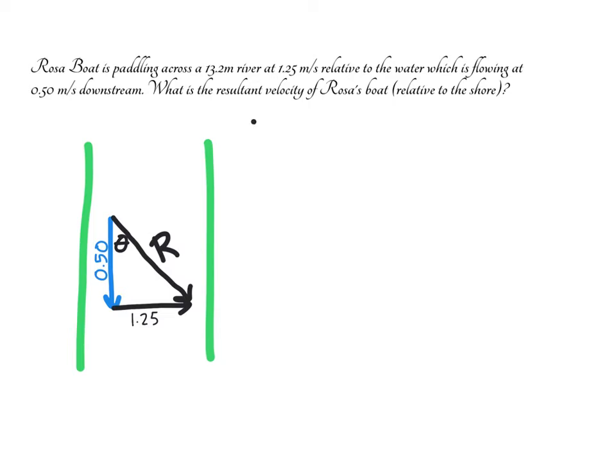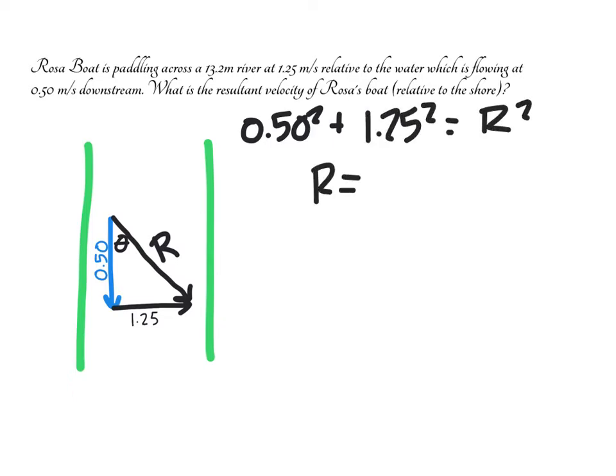So we end up with 0.5 squared plus 1.25 squared, and that'll equal our R squared. When you plug that into the calculator, it equals 1.35 meters per second. And then to find the angle, I'm just going to use tangent.